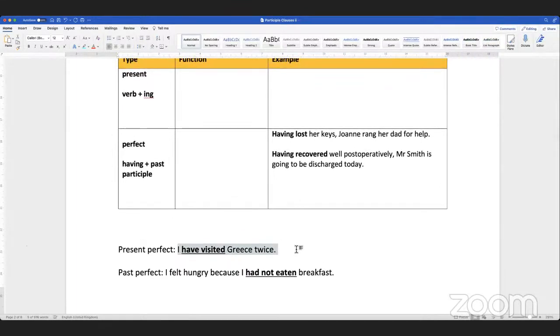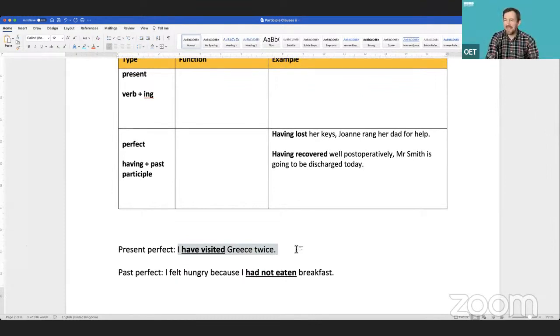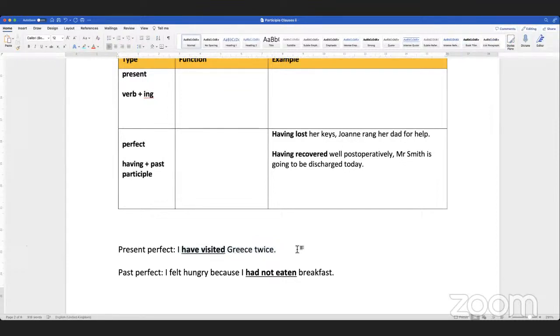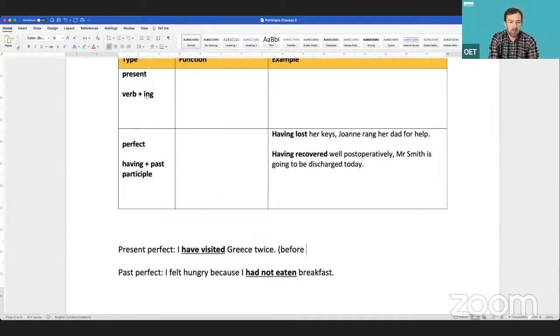No, we don't know exactly, do we? But it's before today, isn't it? Present perfect is before now, which is also called the present, isn't it? In this one, Petruzza, when did I not eat breakfast?